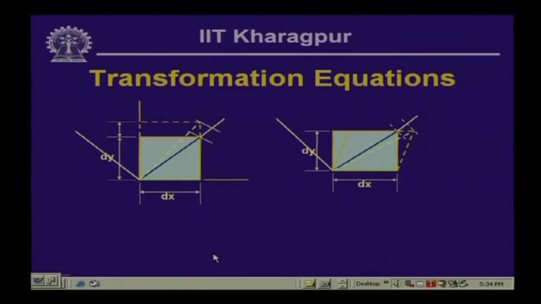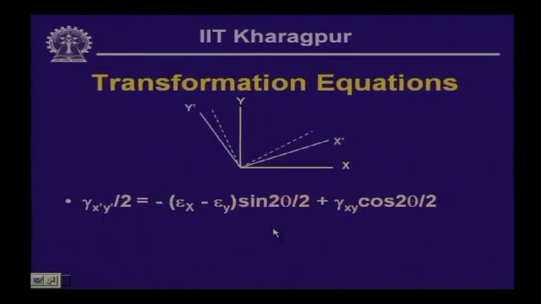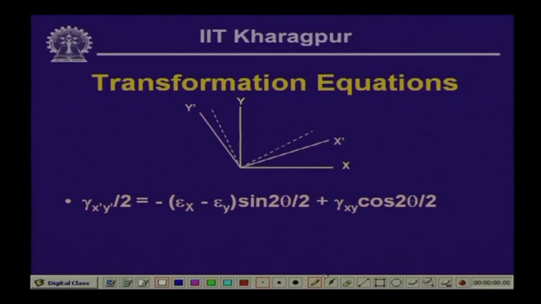Now, when we are computing the strain here, which we have designated as A, this particular angle is alpha, which is in an anti-clockwise direction. So, alpha is equal to minus alpha 1, which is in a clockwise direction, plus alpha 2, which is anti-clockwise direction, minus alpha 3, which is again in a clockwise direction.